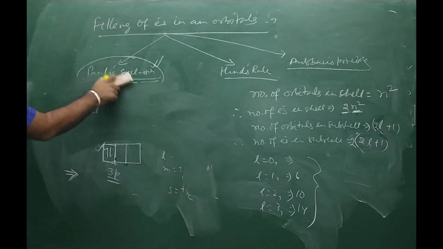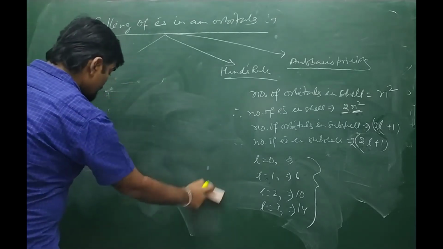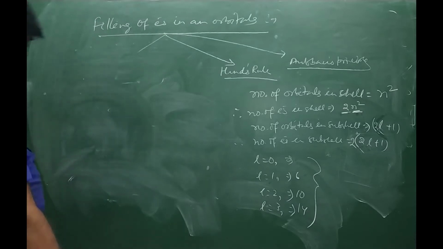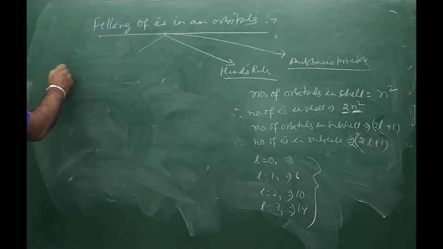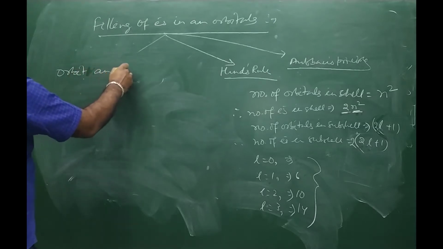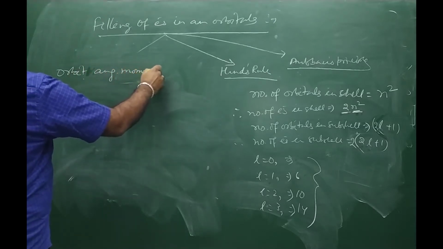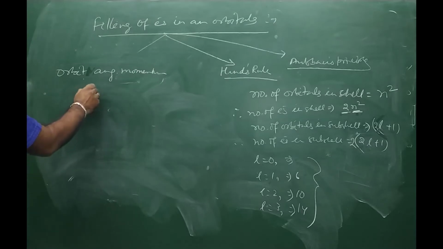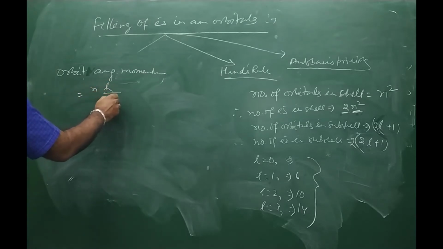Then if we calculate orbital angular momentum, I told you in the last class that the orbit angular momentum is equal to n into h by 2 pi.